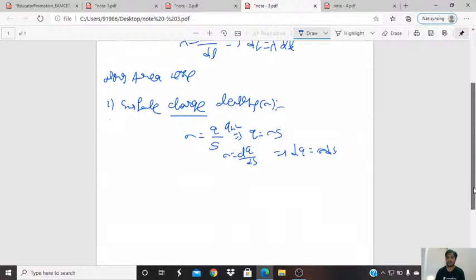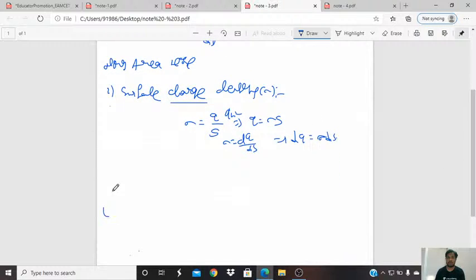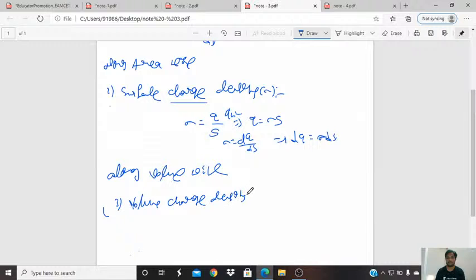And next, along volume, volume charge density rho.